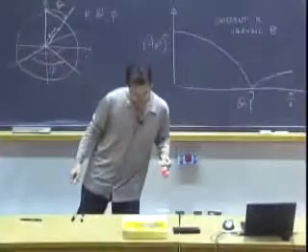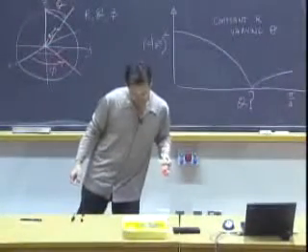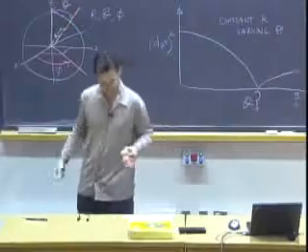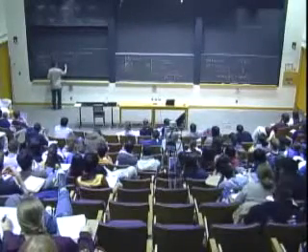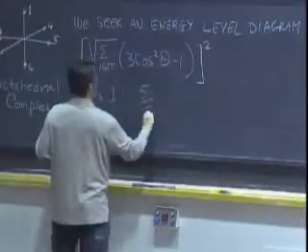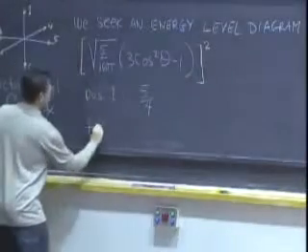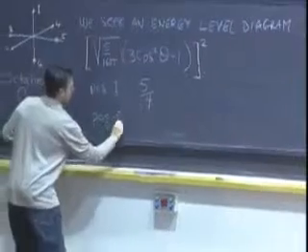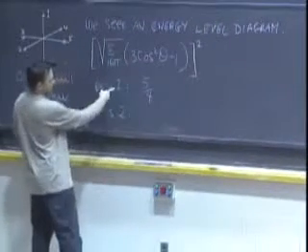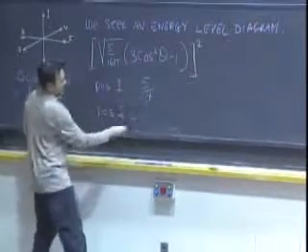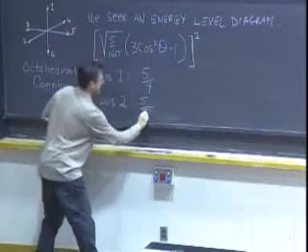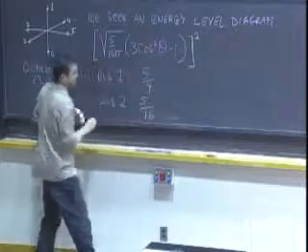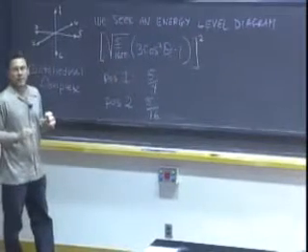And so, let's see here. So this is position 1. We get a value of 5/4. And down here, position 2, a value of 5/16. I'm leaving off a factor of pi.